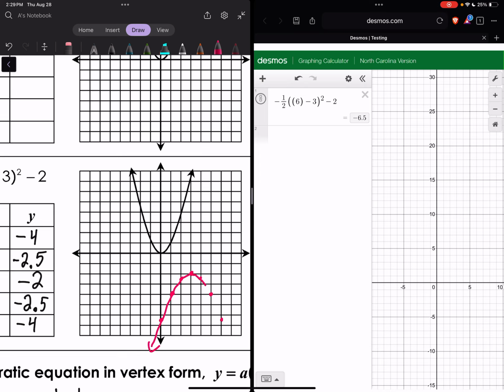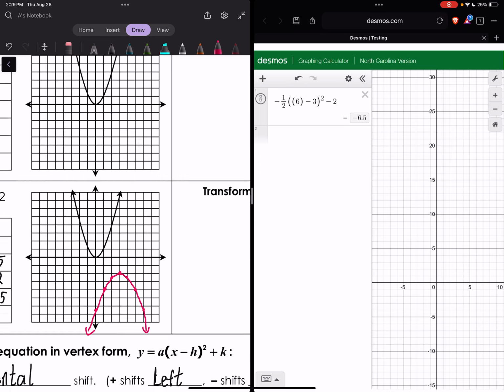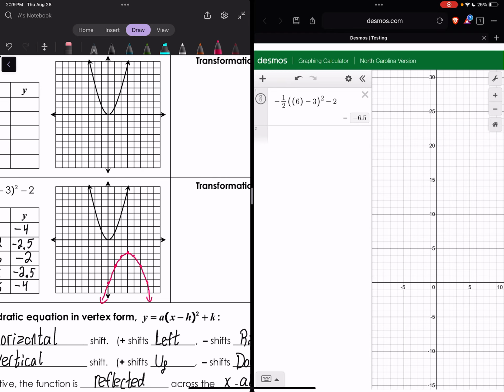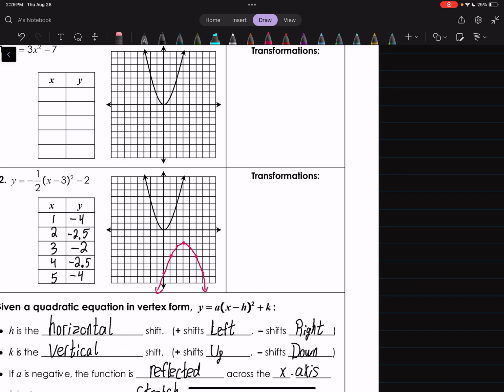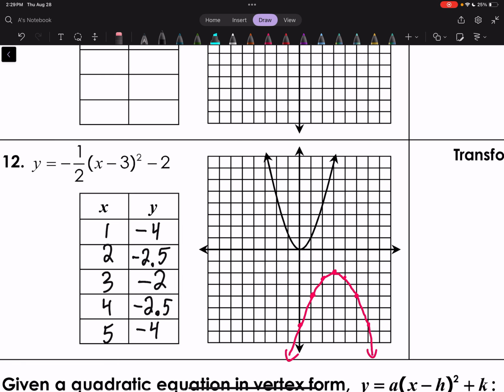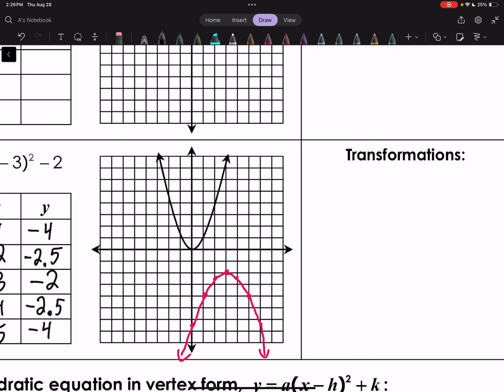Notice this curve is not nearly as sharp as the ones before. That's because this is a vertical compression. I'm going to infinity slower than what I would be. That's what my 1/2 does out front. So I have a vertical compression, and I'm going to put COMP for compression.